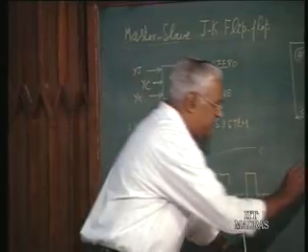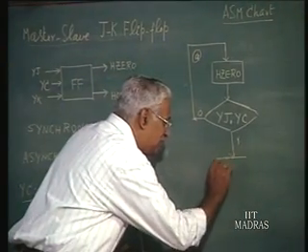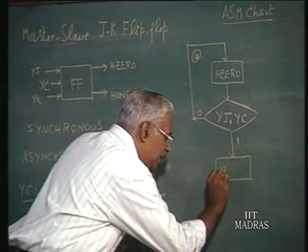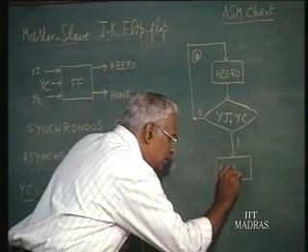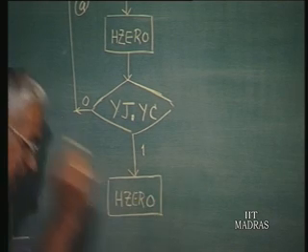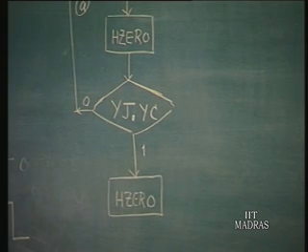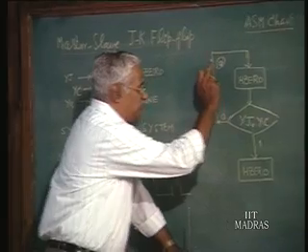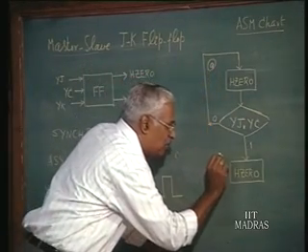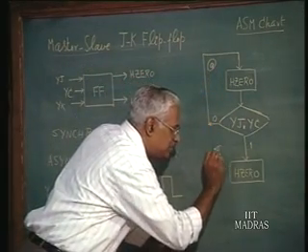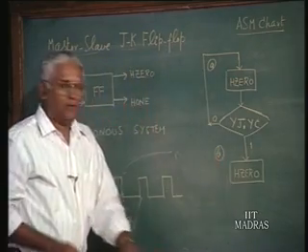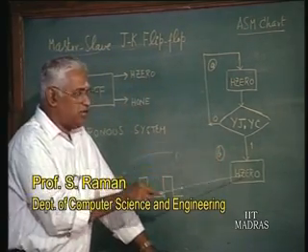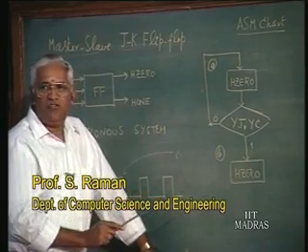So, there is an internal change in the state, but the output will have to continuously be generated as H0 itself. That is, there is a state change from A, and let us call this B. There is a state change from A to B, but the output continues to be H0.